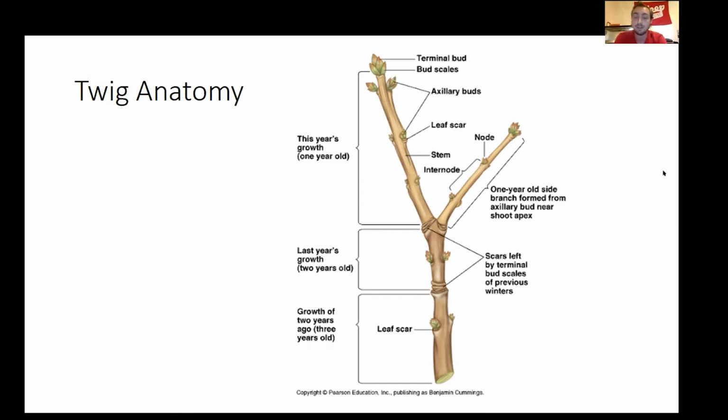I just wanted to mention it here. The axil refers to the leaf scar and the stem. So if you imagine there's a leaf at that leaf scar, you can see that angle between the stem and the leaf. And at any point where there is a bud or a leaf, that is a node, and the gaps between those points are internodes.